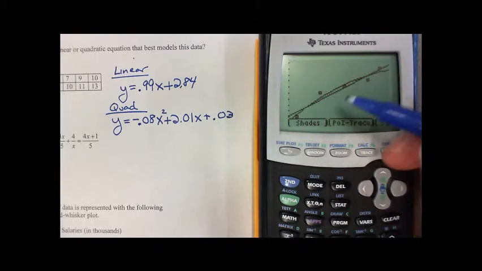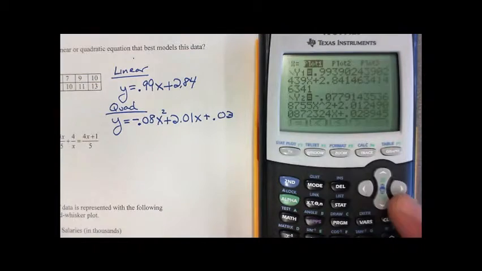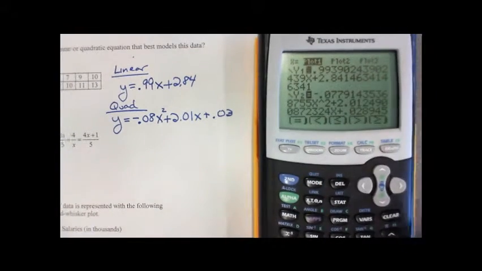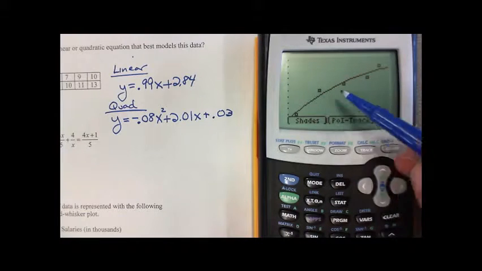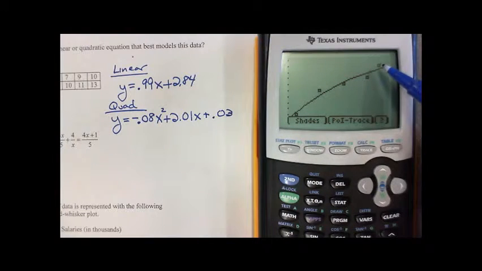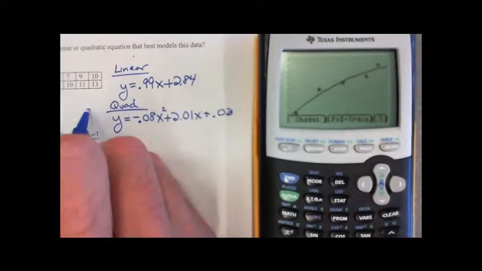Okay, now this is a little tough to see both simultaneously. So let me turn off the linear, and let's just look at the quadratic. So this one looks like we've got 1, 2, 3 points that are a little closer. This looks slightly better.